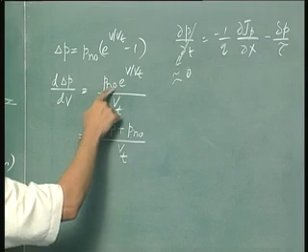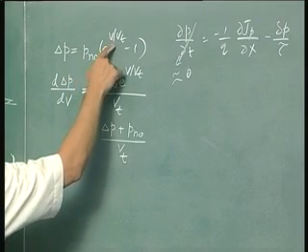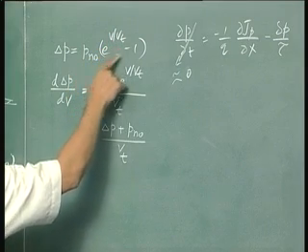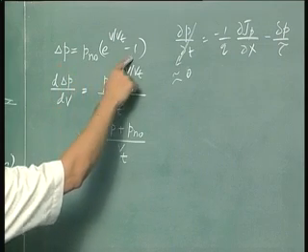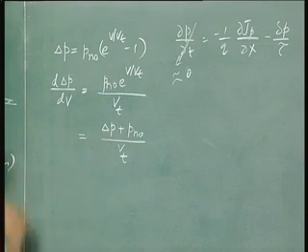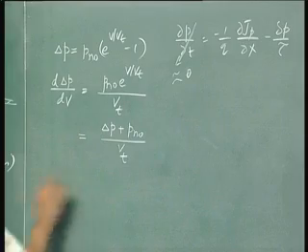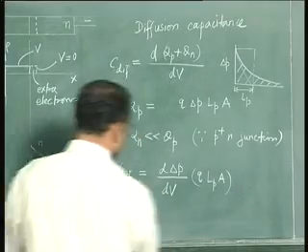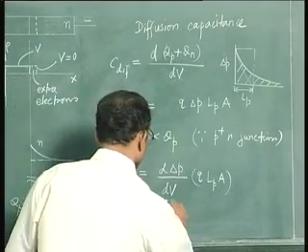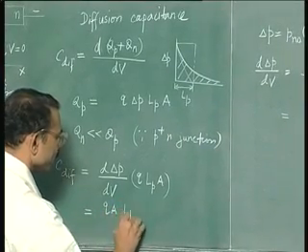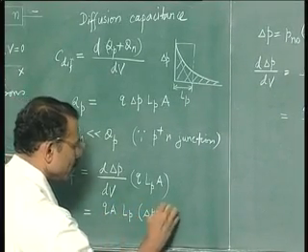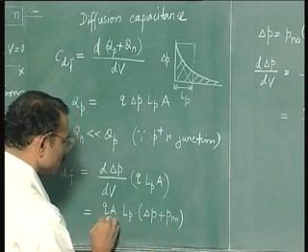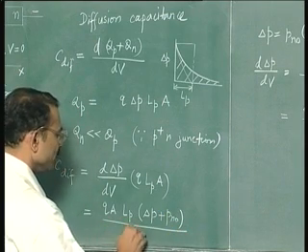This term is nothing but Pn0 exponential V by Vt. So you shift this minus 1 on this side, and that is how from this equation you get this is equal to this. So we can write this here. So this is equal to q A Lp into delta P plus Pn0 upon Vt.